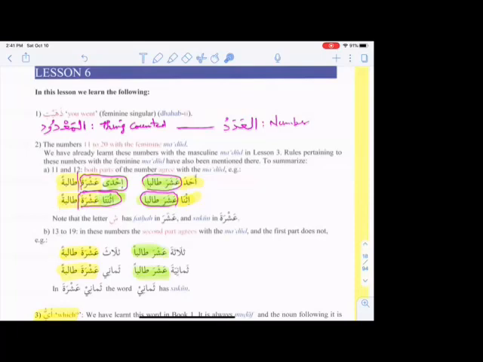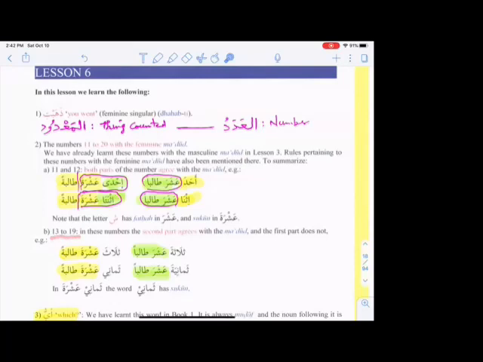Here, the second part again matches, see, ashrata became ashra here. So it is a bit complicated, but don't worry, my brothers and sisters. Note that the letter sheen has a fatha in ashara and sukun in ashrata. Just keep that in mind. And if you forget, don't worry, because I am not going to put too much weight on this topic.